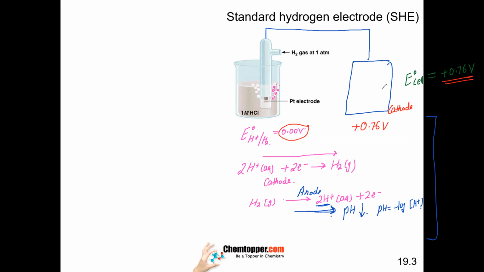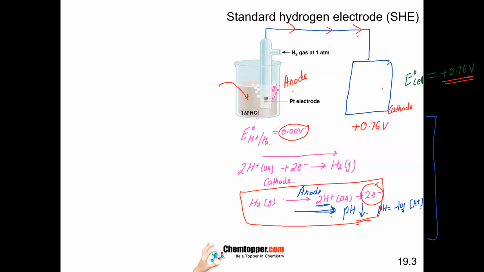Cathode means reduction here. Then this will work like anode. Anode means oxidation here. Then if oxidation, the reaction will take place like this. And if you measure the pH of this solution, pH will go down. That indicates it's working like anode. Electrons will travel like this.